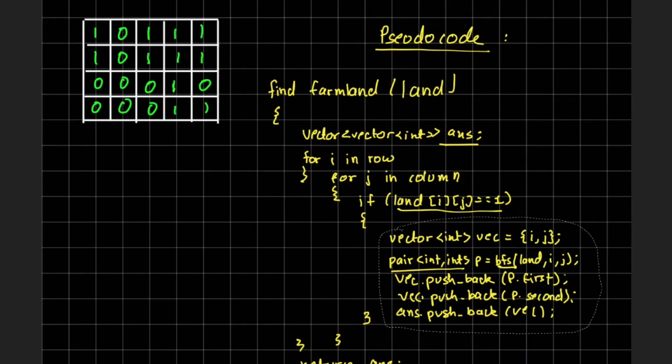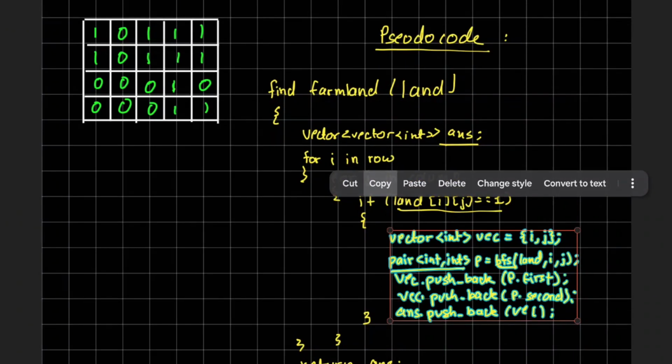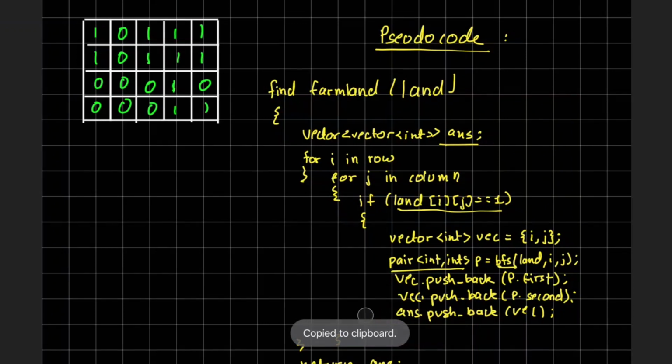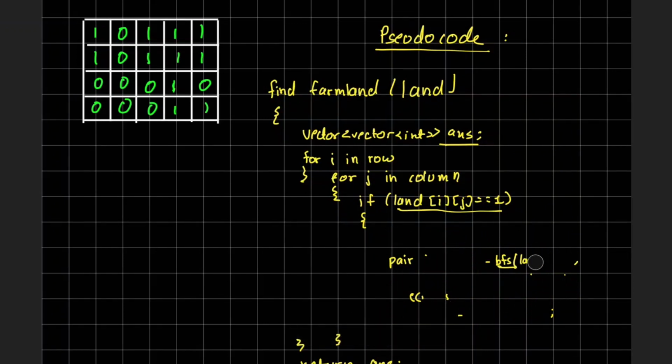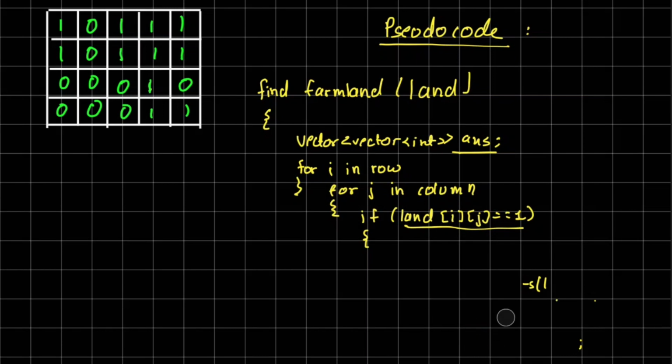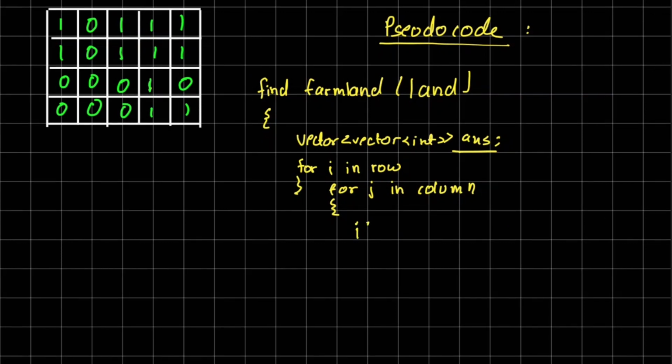The video is already going to be long, so copy. Now we will change the if condition here. So the condition should be: if land of i, j is equal to 1 and we will now check the top cell, the above cell of this i, j.